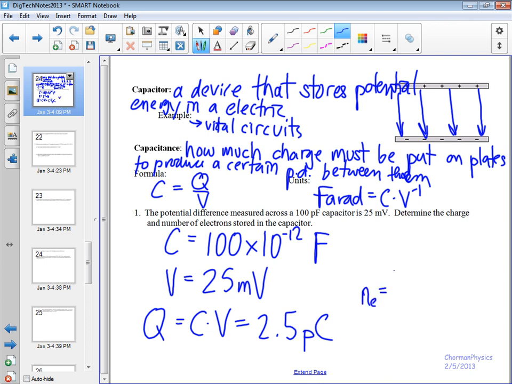So the number of electrons is 2.5 times 10 to the negative 12 divided by 1.6 times 10 to the negative 19. And when we do that, I just want to do this calculation really quickly.